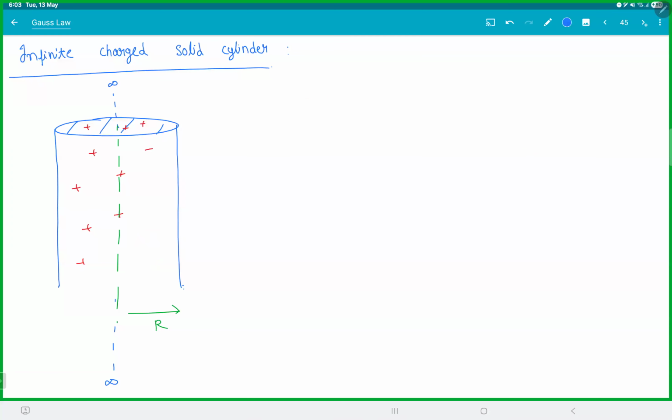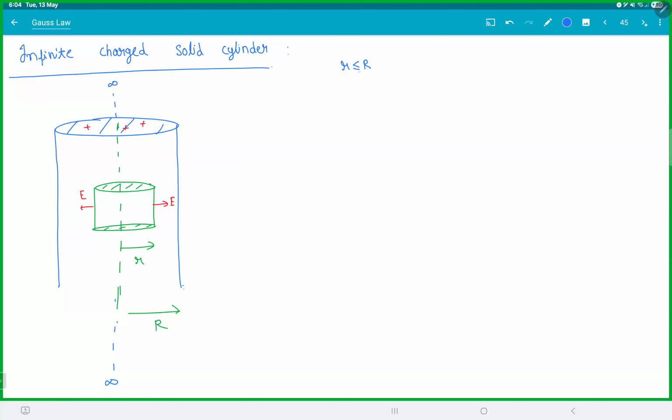So step one, consider a Gaussian surface inside. This is r. The field will be this way.